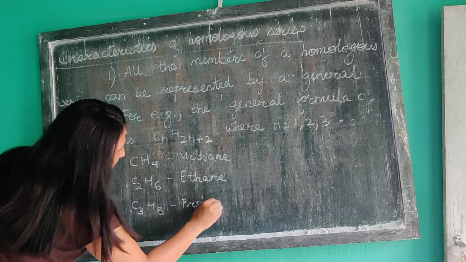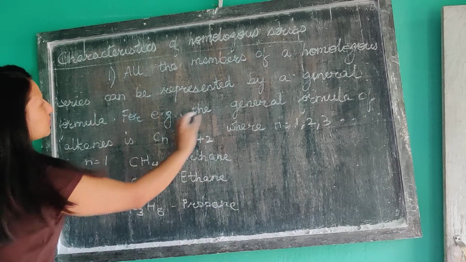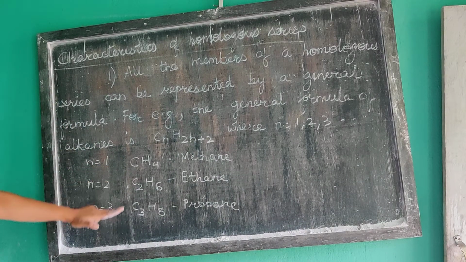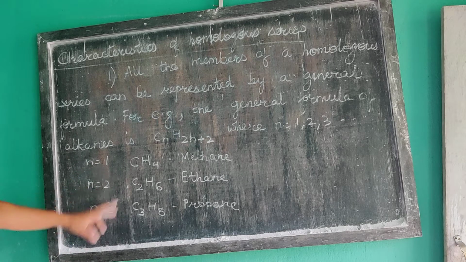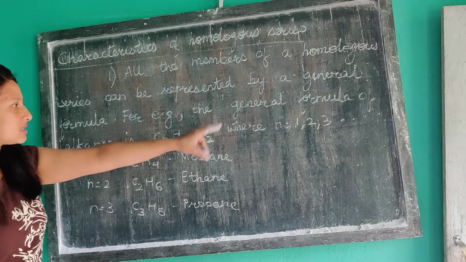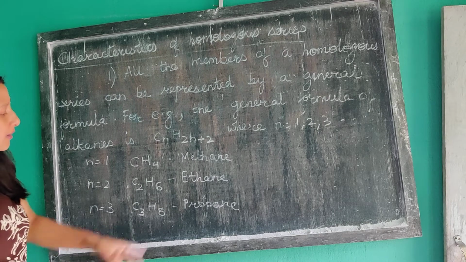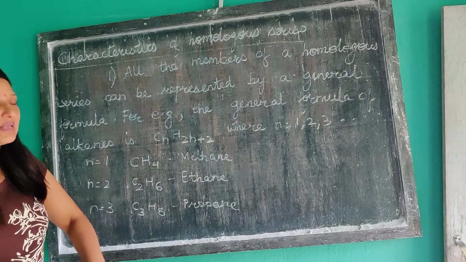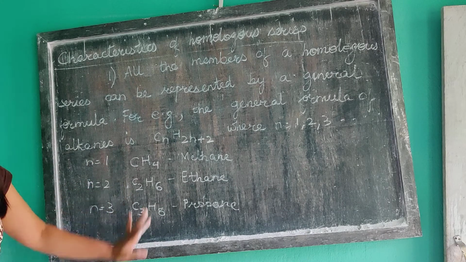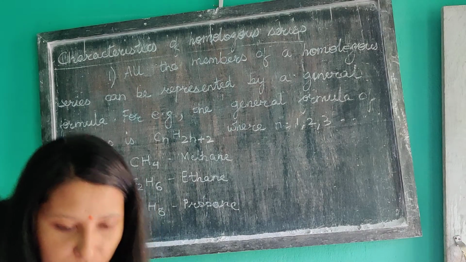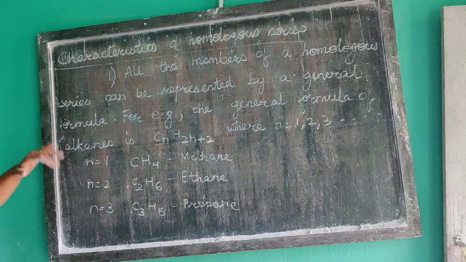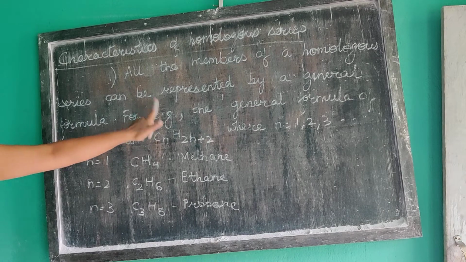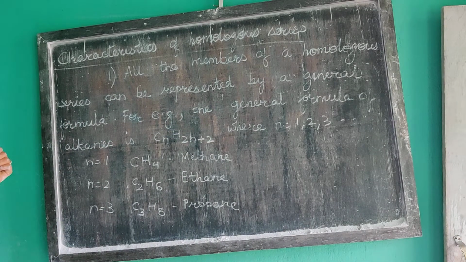So if we know the general formula of a homologous series, we can derive its members. As n increases, after propane you get butane, then pentane, hexane, and so on. In this way we can derive the molecular formula of the members of a homologous series from the general formula.